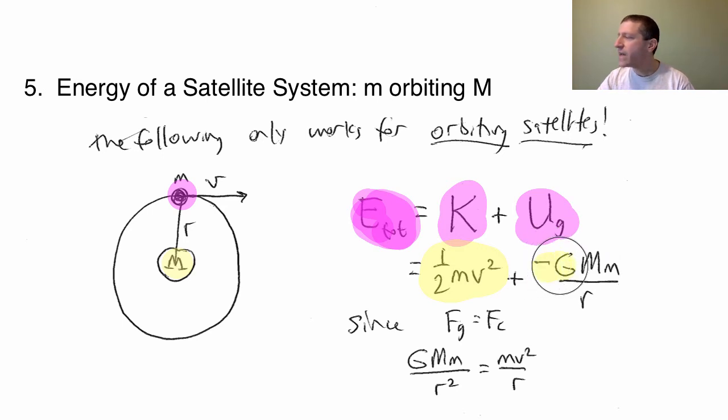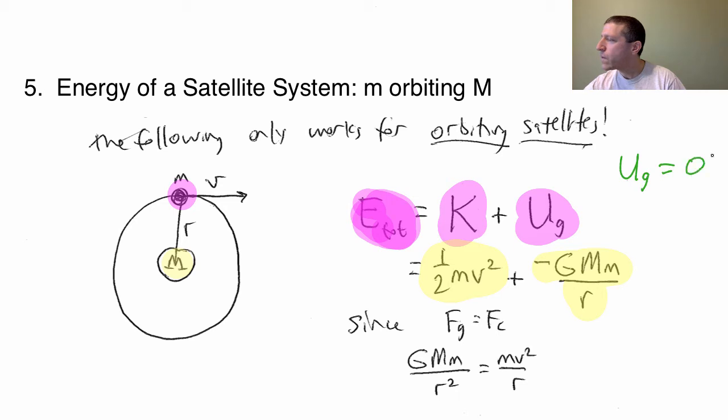It is negative G big M little m over r. In order to use negative GMm over r for GPE, we have to assume that U_G equals 0 where? When these two objects are infinitely far apart. So U_G equals 0 when r equals infinity.